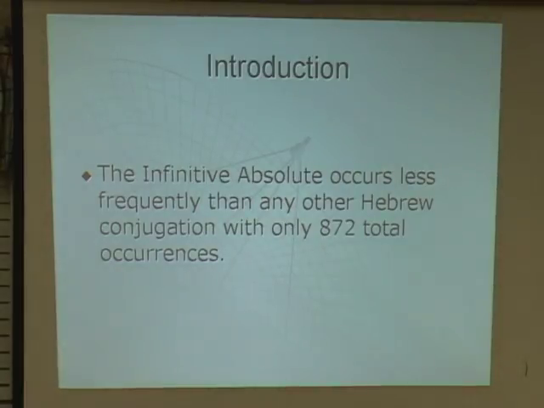So it is the form that is rarely apparent in the text. However, because of its rare appearance, we should be able to recognize it so that we will know that this is not an infinitive construct or any other conjugation, but rather an infinitive absolute.